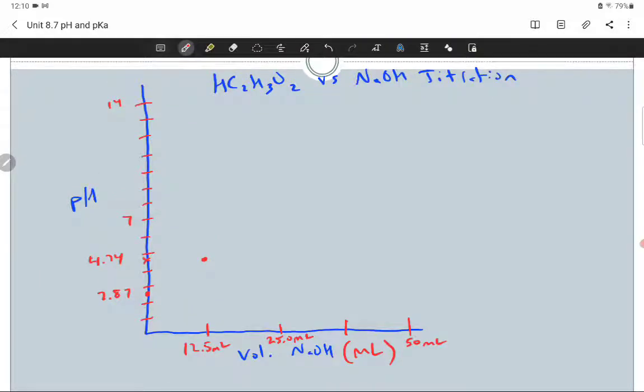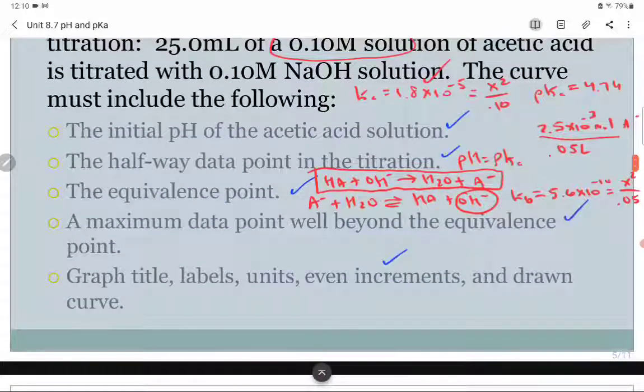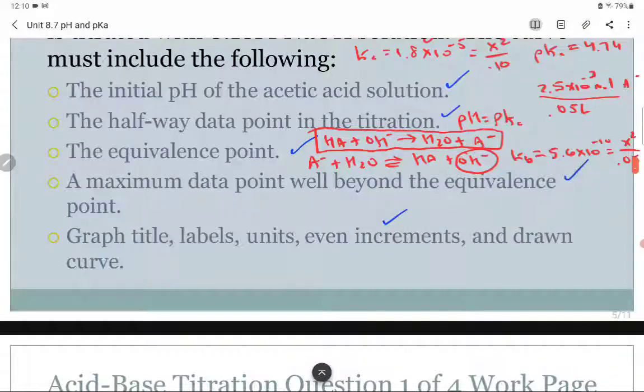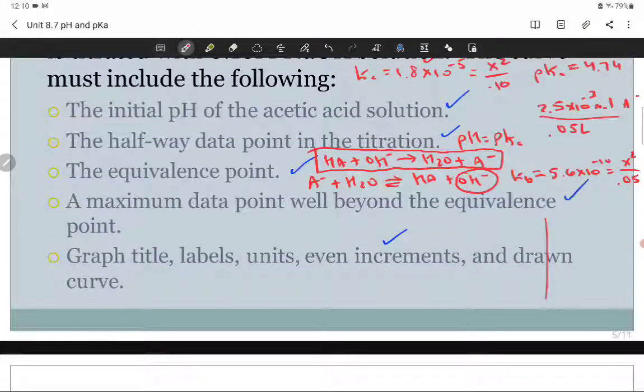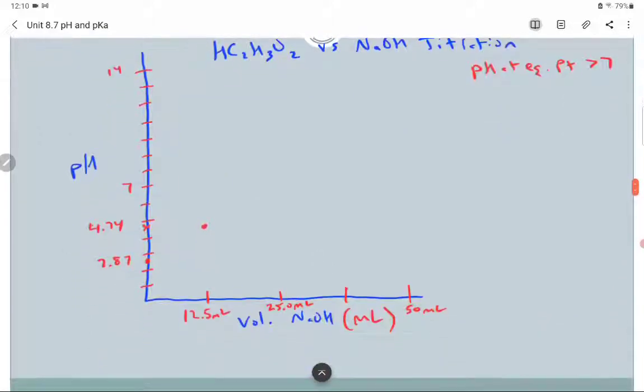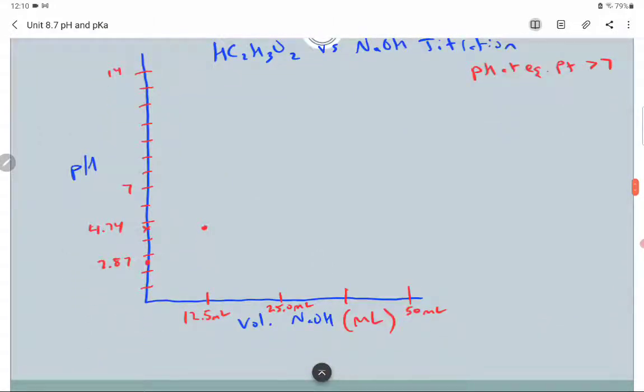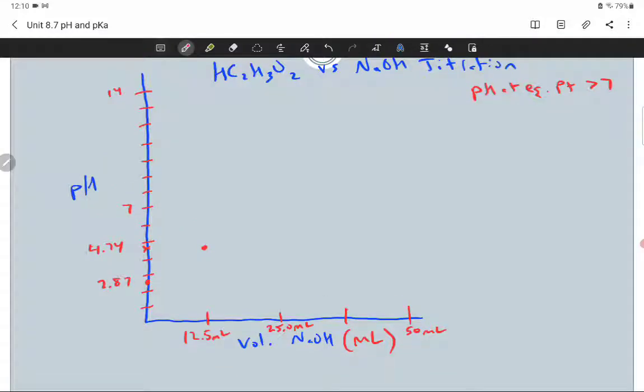But remember that, I'll actually put it up here. The pH at the equivalence point for this must be past 7 because you are making hydroxide. So I think that came out to be 8.72. So let's go.